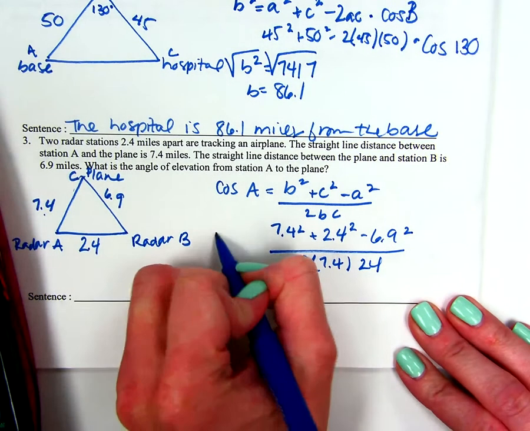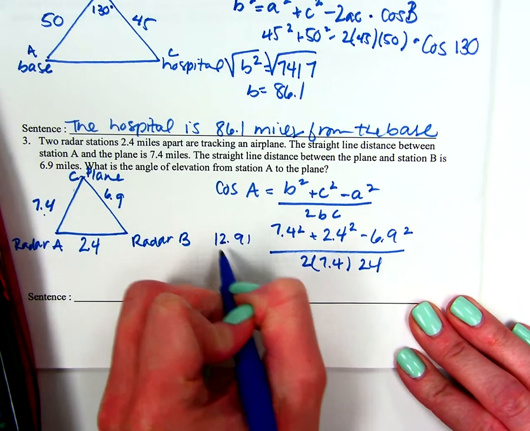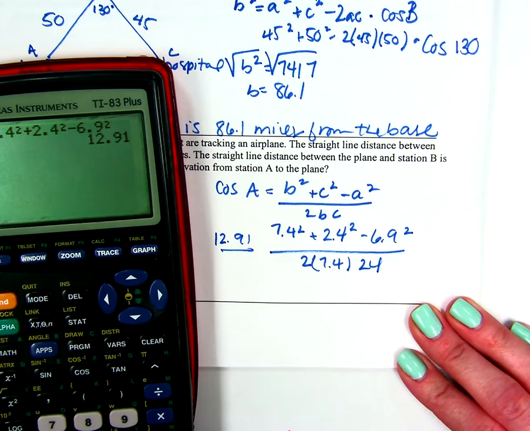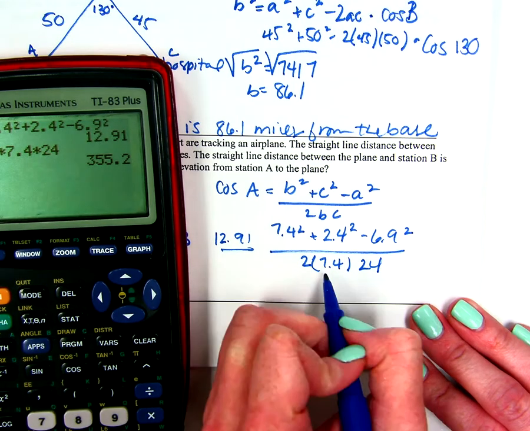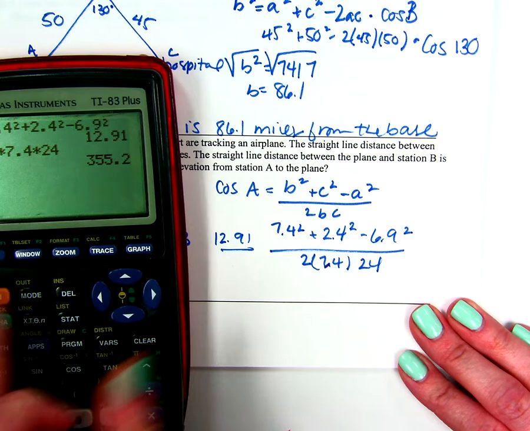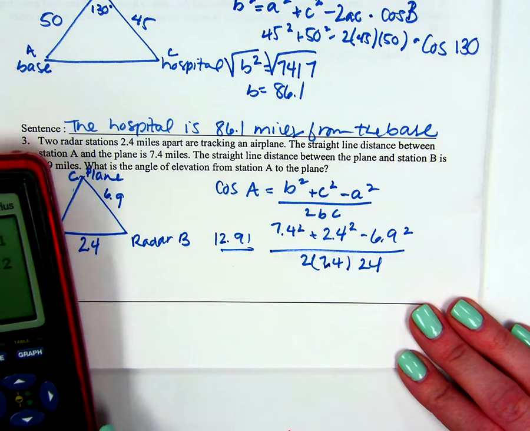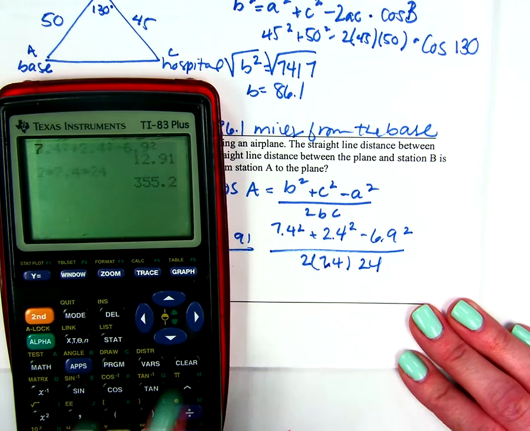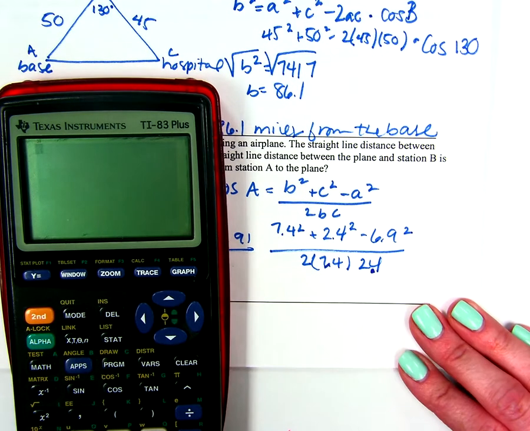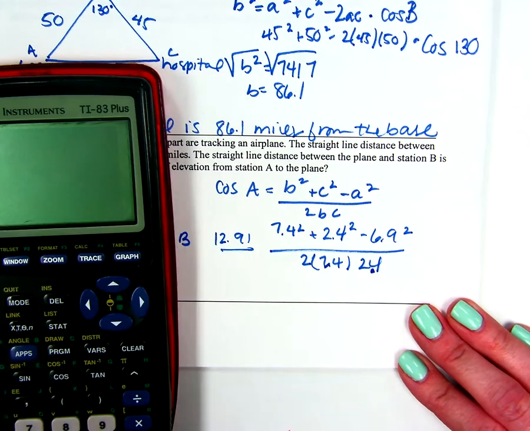So we have 12.91 over 2 times 7.4 times 2.4.